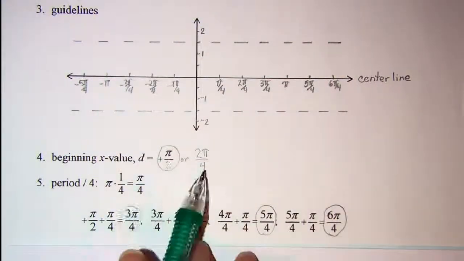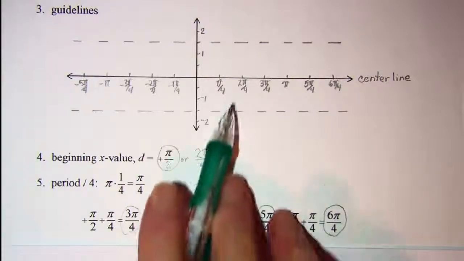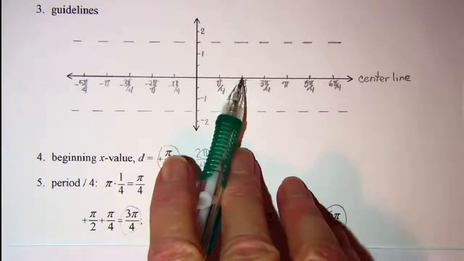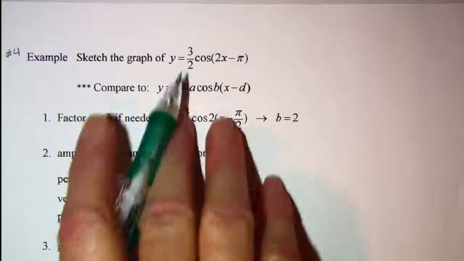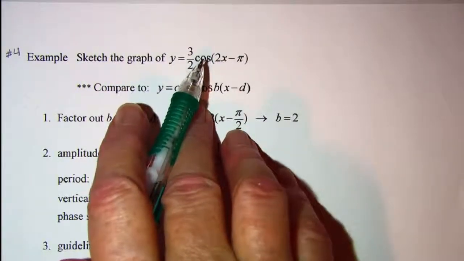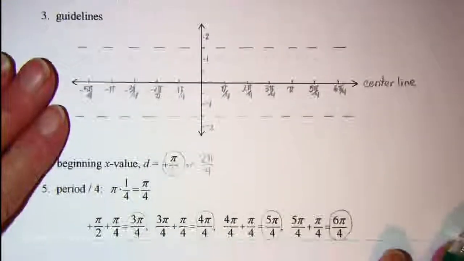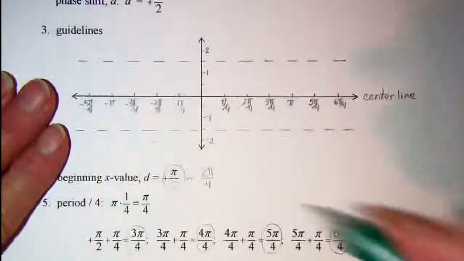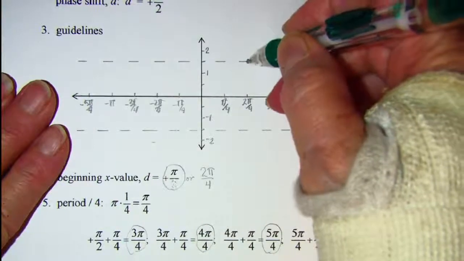Our beginning value was 2 pi over 4, so this is where my curve is going to start. My curve is a positive cosine curve, so it'll start with the maximum value. At 2 pi over 4, we have a maximum value.